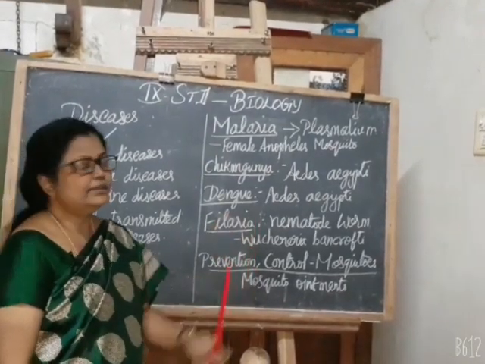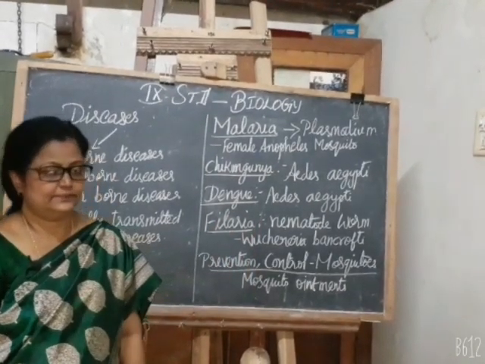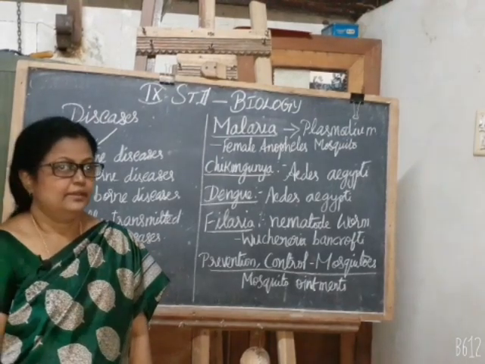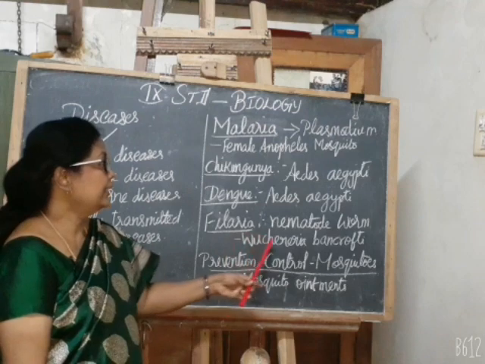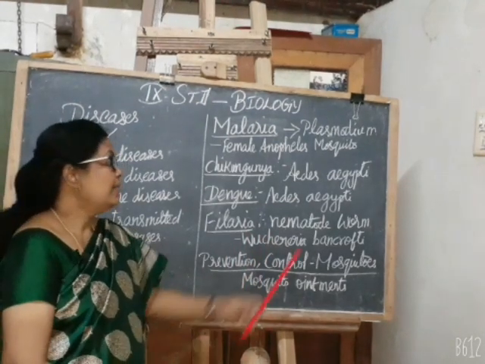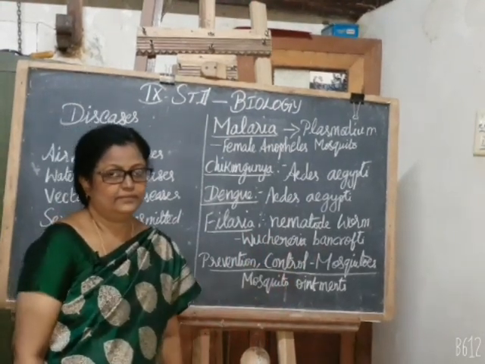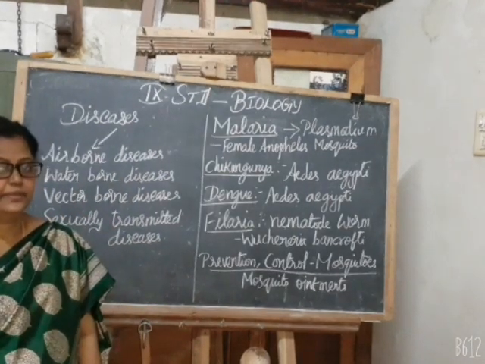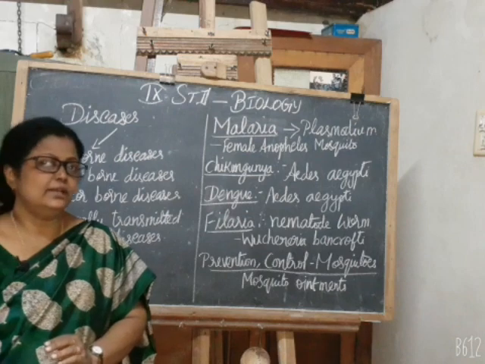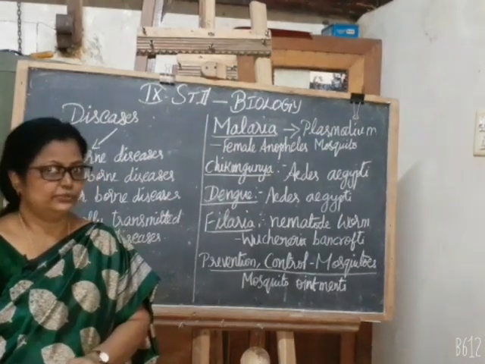Filaria. Filaria is caused by a nematode worm called Wuchereria bancrofti, which causes the disease, and it is transmitted by Culex mosquitoes.